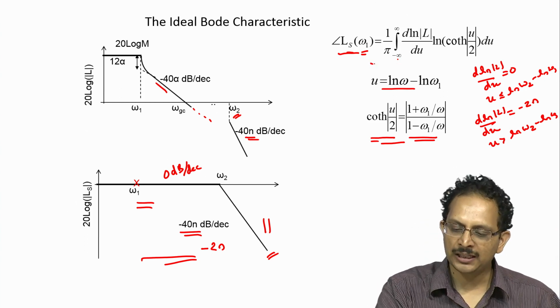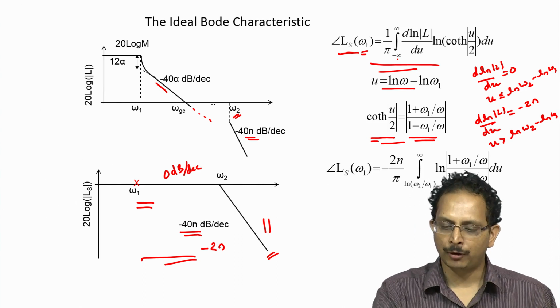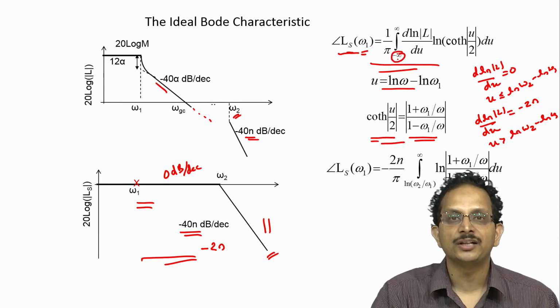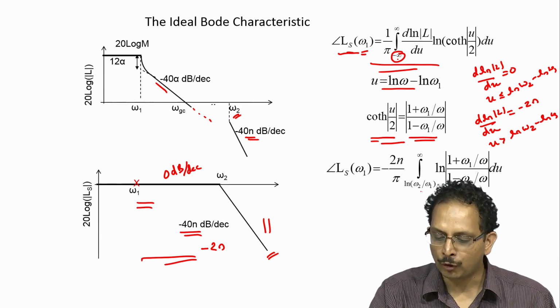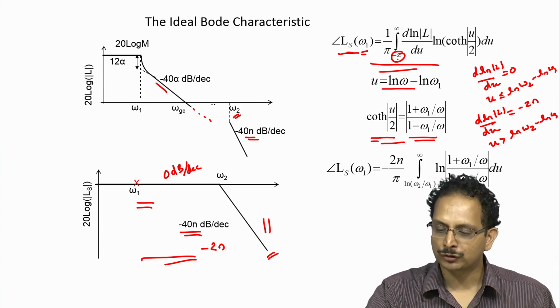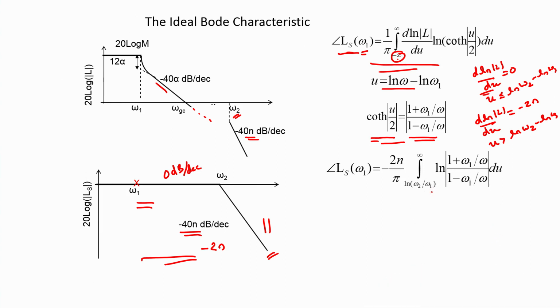So, the same integral that we have at the top essentially gets simplified a little bit, because the lower limit now will no longer be minus infinity, because from minus infinity to ln of omega 2 by omega 1 we have the slope of the magnitude characteristic being equal to 0. So, that integral vanishes.